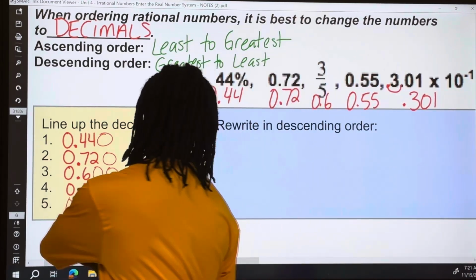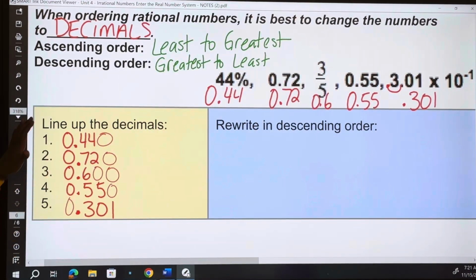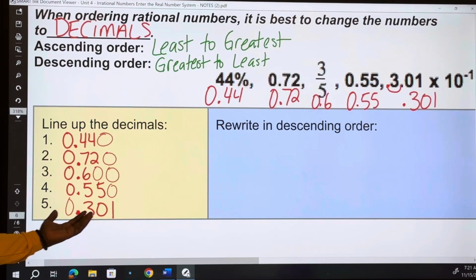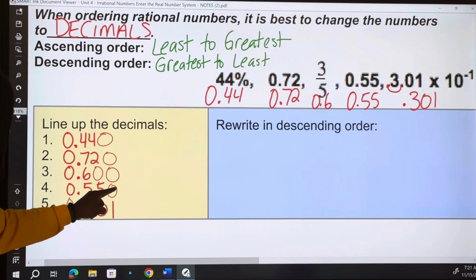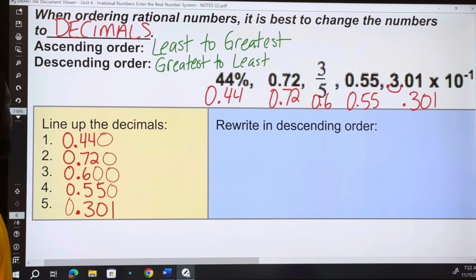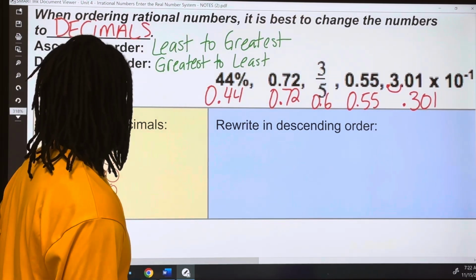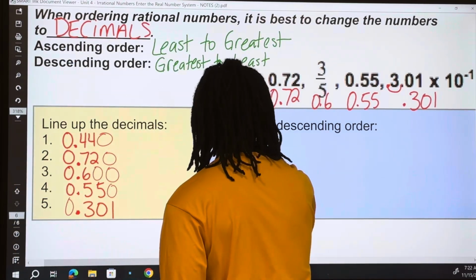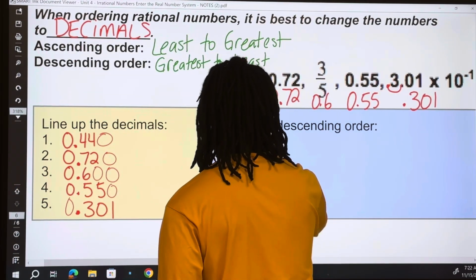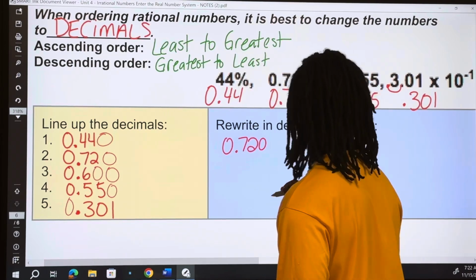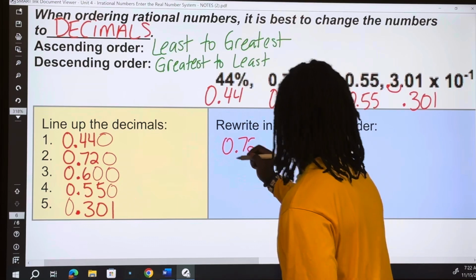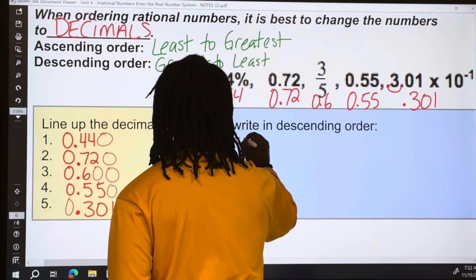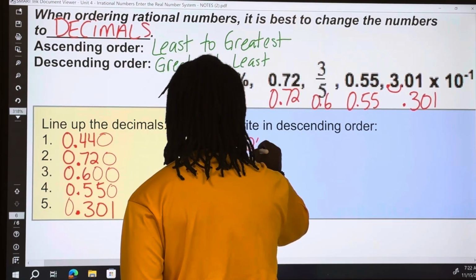So I'm going to look over here. Which value is my greatest? Well, when I have the same number of digits, this is 440, this is 720, 600, 550, 301. Well, it is the 720. So I'm going to write 0.720. If you want, you don't have to include that last zero. But you know what? No, I'm just going to include it.